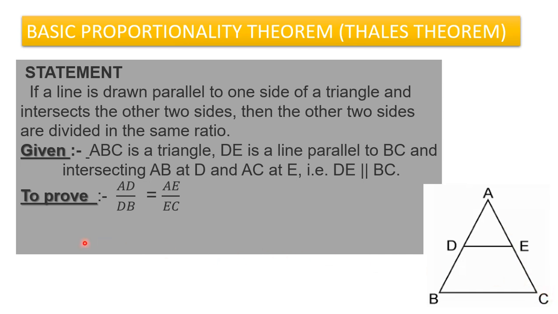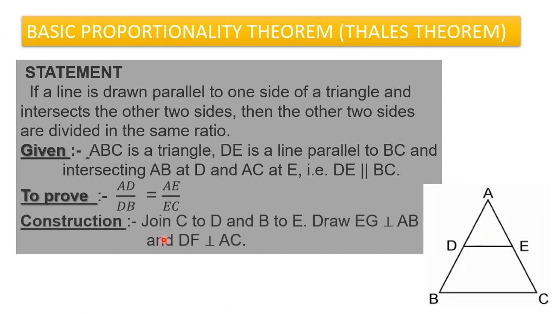So for proving this, we do some construction. The construction is: join C to the point D and B to the point E, and from E draw the perpendicular on side AB, and from D draw the perpendicular on side AC.